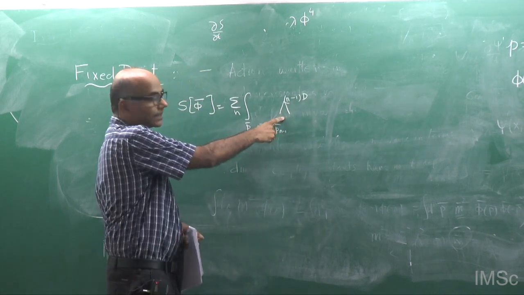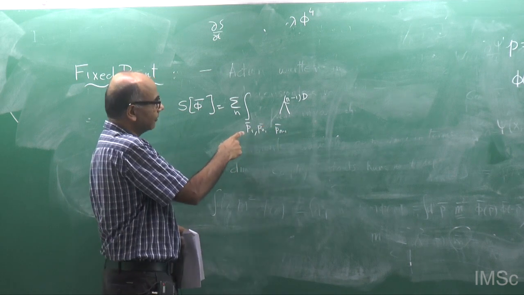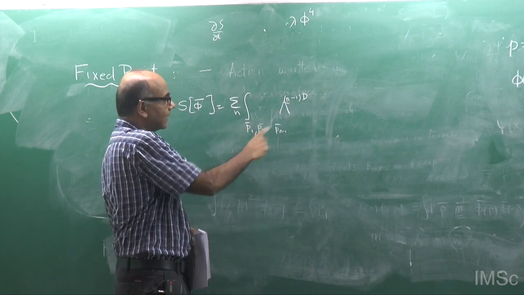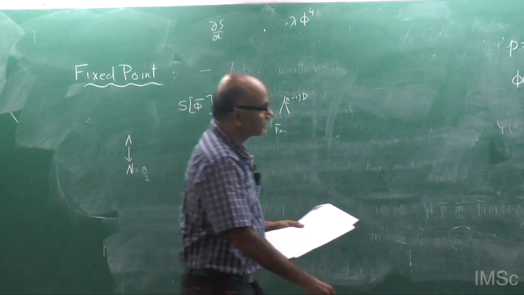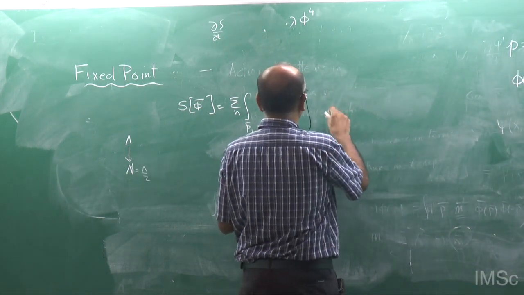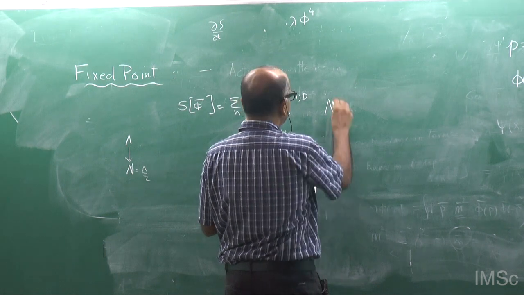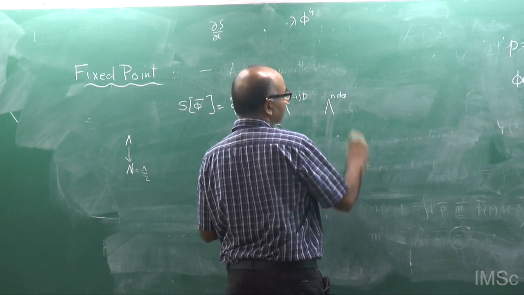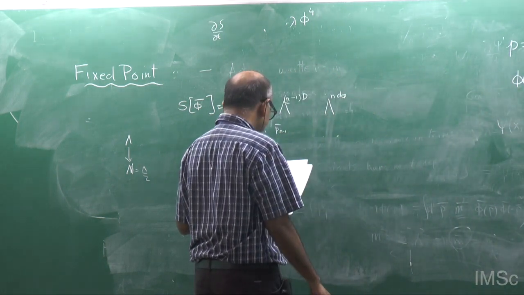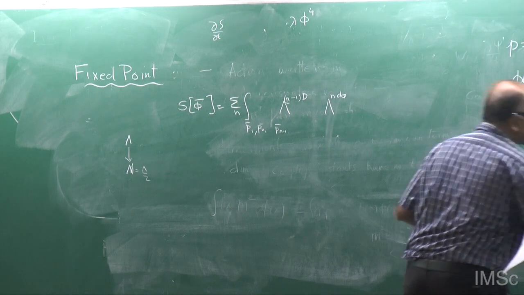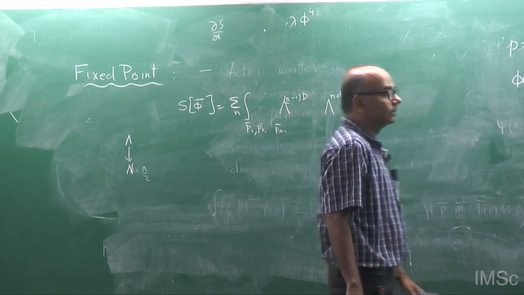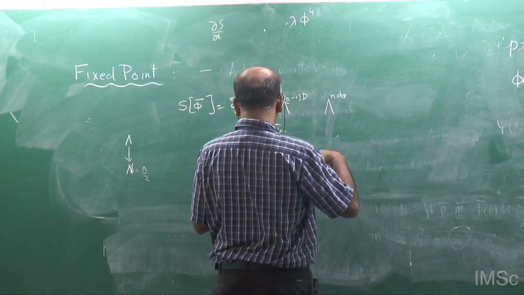Where did this come from? This came from the momentum integrals. Each momentum integral gives you lambda to the power of d, and there are n minus 1 of them, so that's that. Then you get lambdas from these fields, and that lambda dependence is lambda to the power of n d phi. That's the lambda dependence of that. And then there's lambda dependence coming from here. So I'll write this as 2 powers of lambda. This is lambda squared to that power.